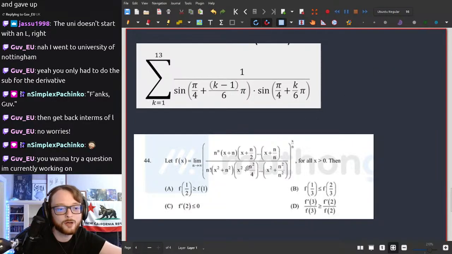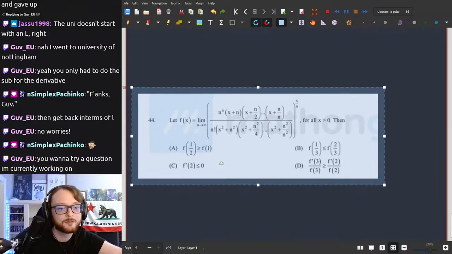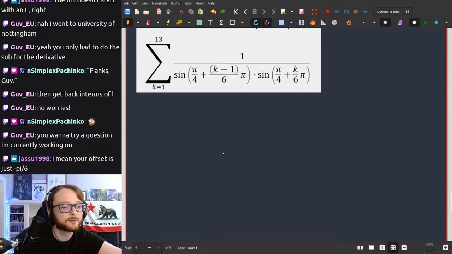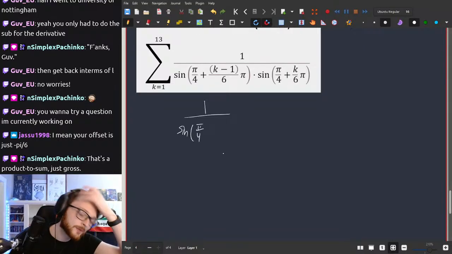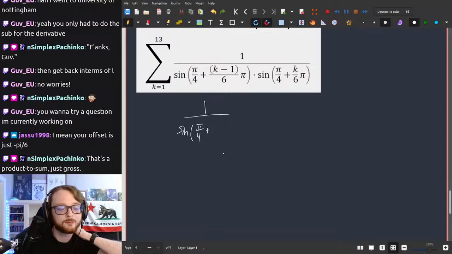Okay, so we're saying no product to sum. I'm not going to read the second one yet. The offset, it is just pi over 6, right? I can see that. I guess when I said clean, I meant like pi over 2 or pi or something. Yeah, product to sum is gross. Would it be a good idea to do a difference identity?